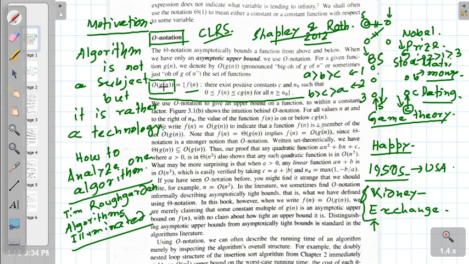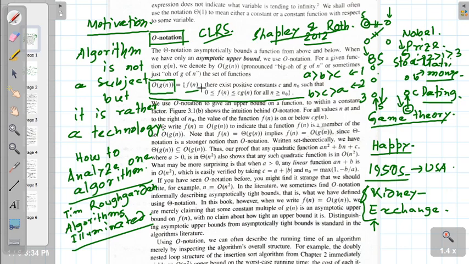So this order of n, g(n) is n. So order of n is a set of functions f(n). It can be 3n plus 2, it can be 4n plus 5, it can be 7n minus 10, whatever. So it's a set of functions. So that's why it is written, it's a set of functions f(n).